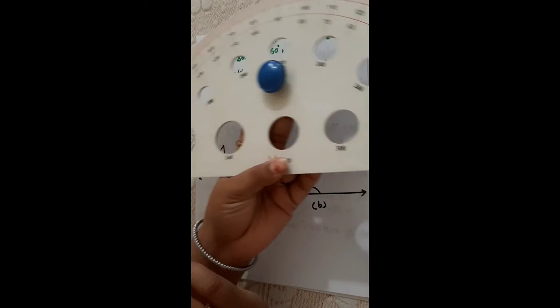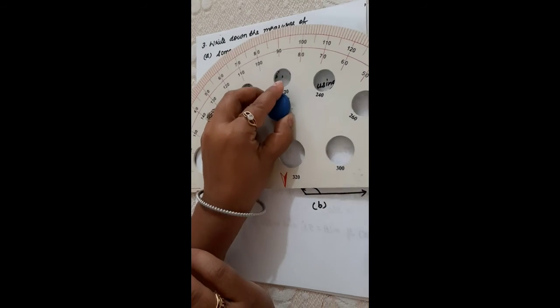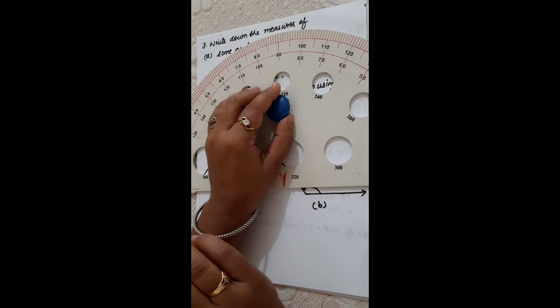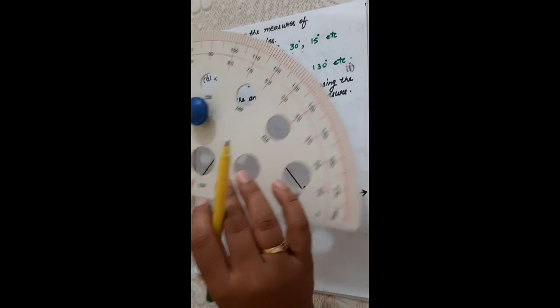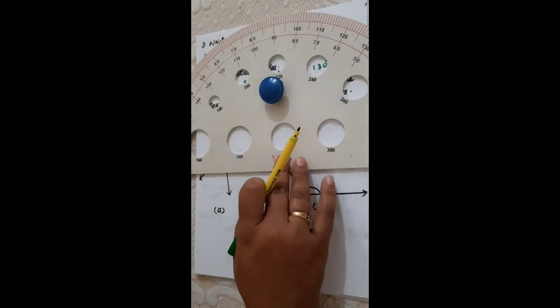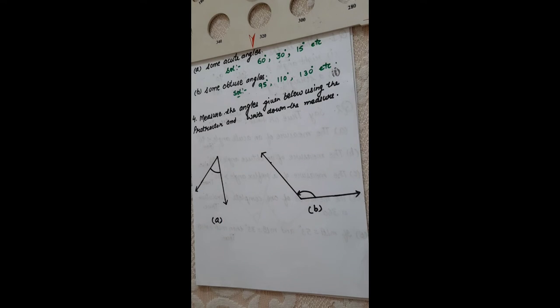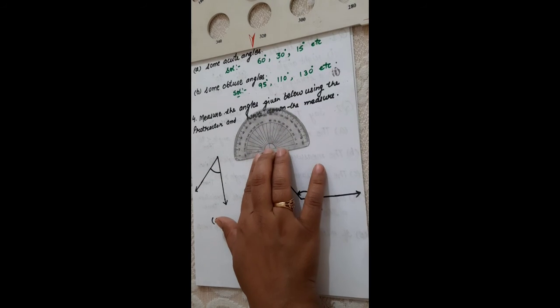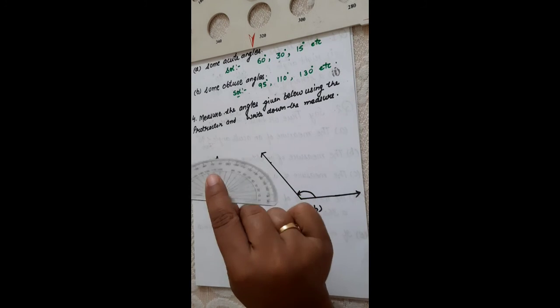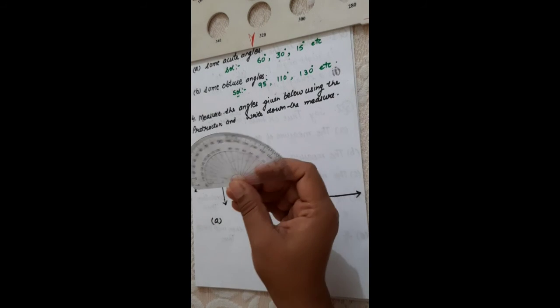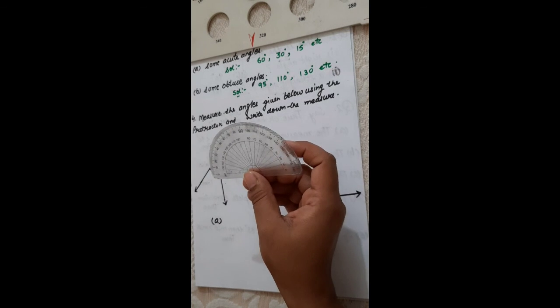Now the protractor is this. In your mathematical instrument boxes you have protractors, and we call this a protractor. You can find a ready-made protractor in your instrument boxes.